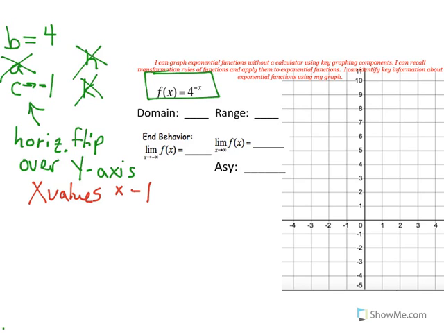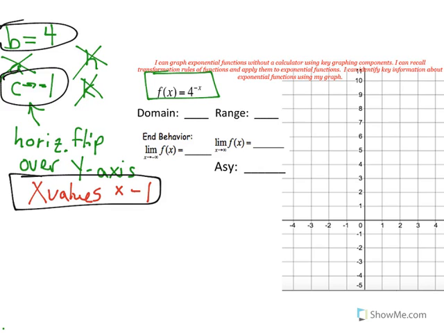Nope. And there is no k term attached at the back or in the front, like a 4 to the negative x plus 10 or 10 plus 4 to the negative x. We don't have a situation like that, so we don't have a k term to deal with. So the only thing that we have to work with right now is the base is 4 and the c term is -1, meaning our x values are going to get multiplied by -1.